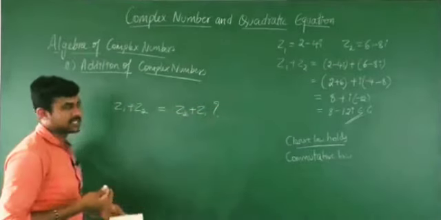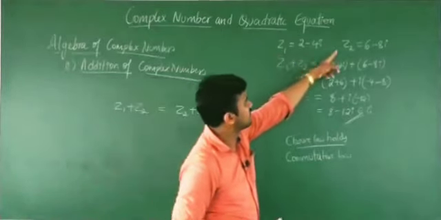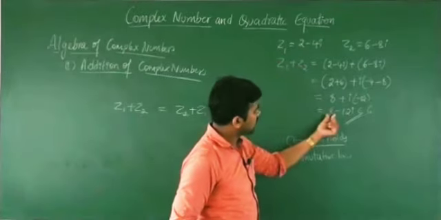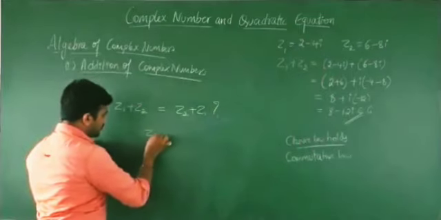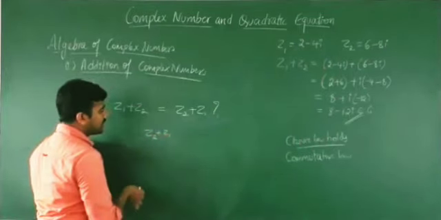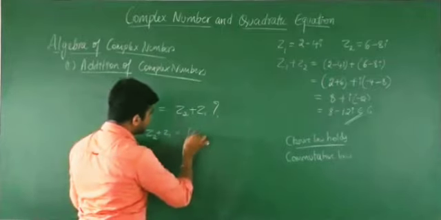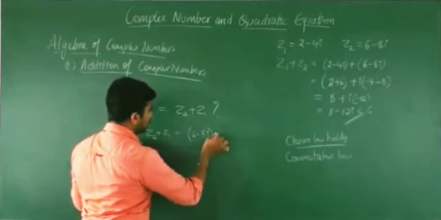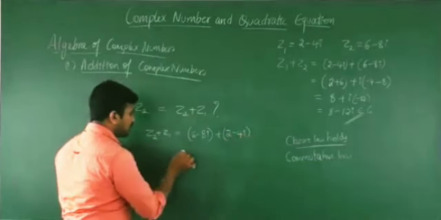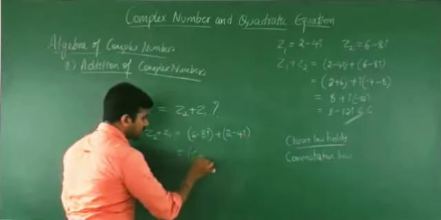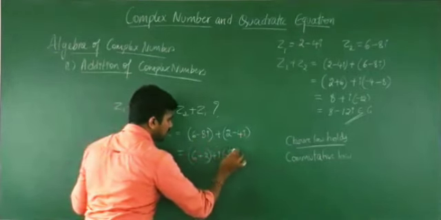Check it, with the same condition. This is Z1 and this is Z2. Z1 plus Z2 gave 8 minus 12i. Now for the same example, I will consider Z2 plus Z1. The first complex number is 6 minus 8i, and Z1 is 2 minus 4i. Now add the real parts together, 6 plus 2, plus i into the imaginary parts, minus 8 plus minus 4.